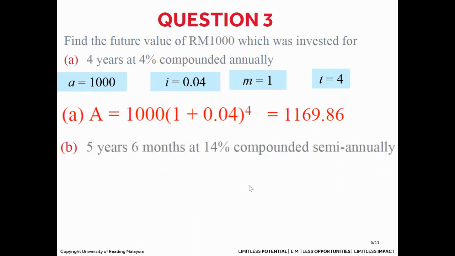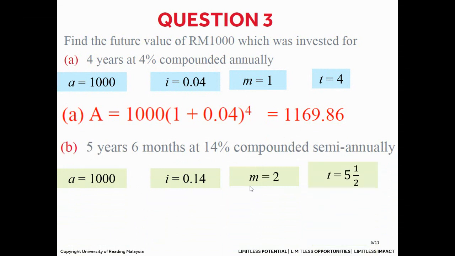Question B. 5 years, 6 months at 14% compounded semi-annually. A is 1,000. Interest is 0.14. M is 2 because of semi-annually. 5 years, 6 months is the same as 5.5. Sub into the formula.